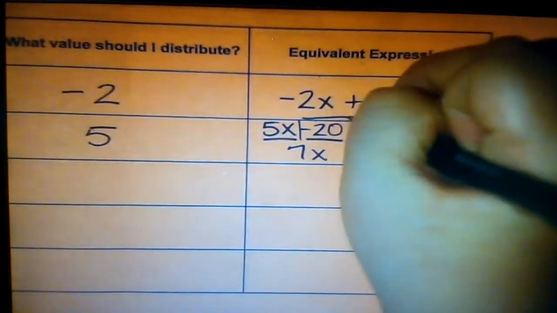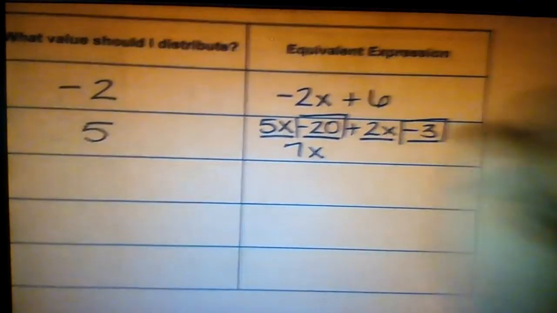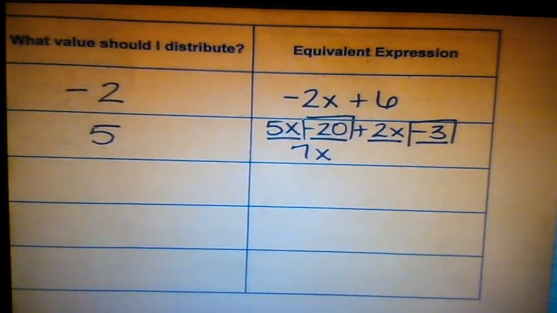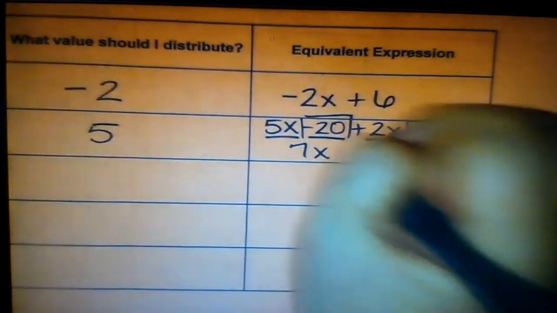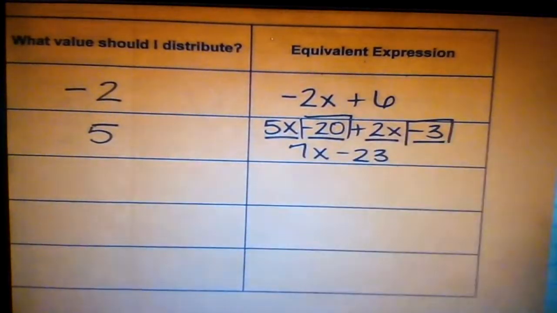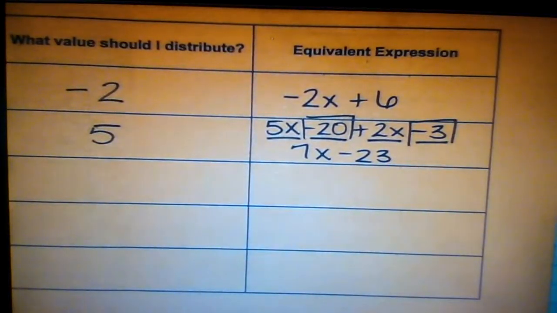Actually, let me box those so you can see that they're different from the x. Seth, what'd you get? -23. See, y'all told me you couldn't do math. It's hard. Okay. Questions on that one? No. All right.